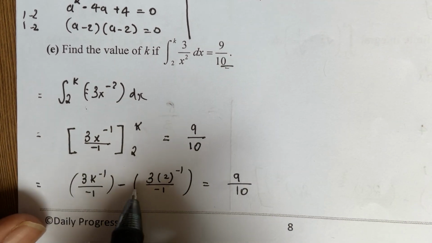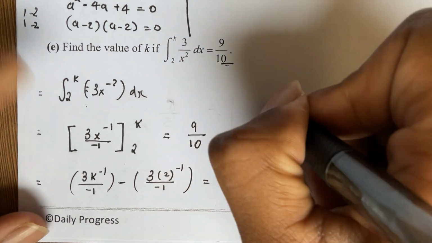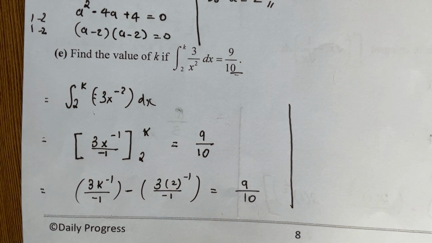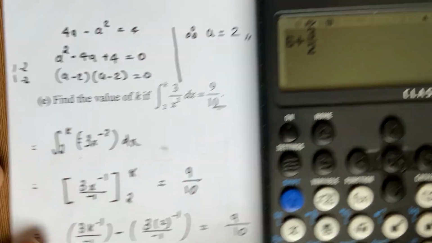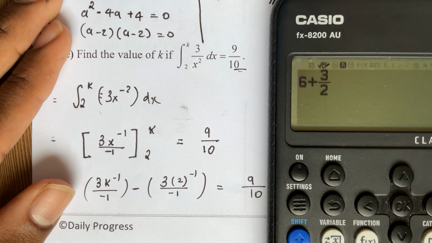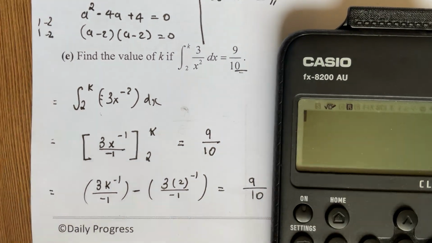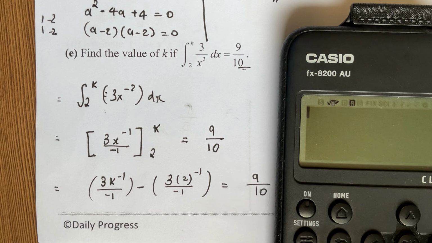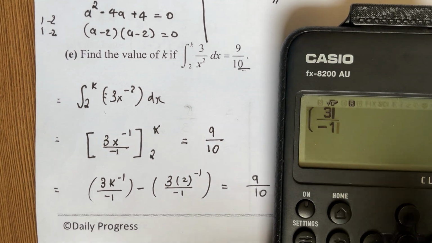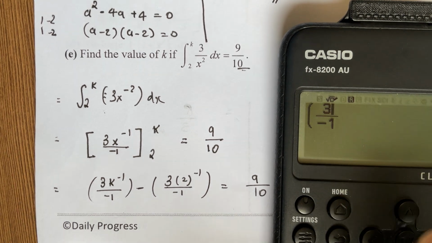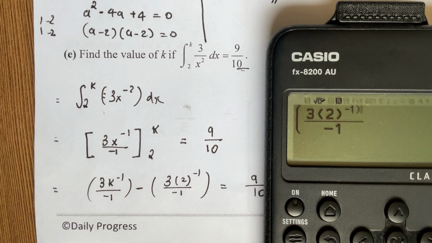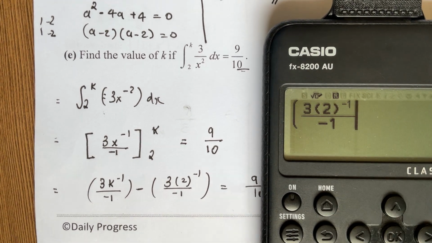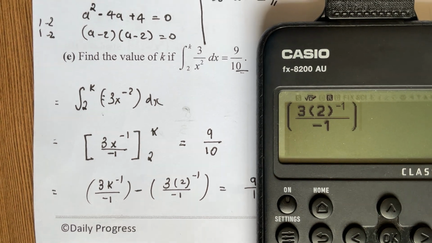I feel like we could take this entire term to this side and make it a plus, but let's just evaluate this first. So they want us to compute 3 over negative 1, times 2 to the negative 1.